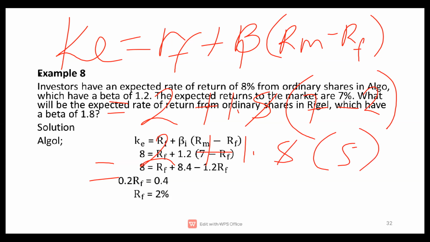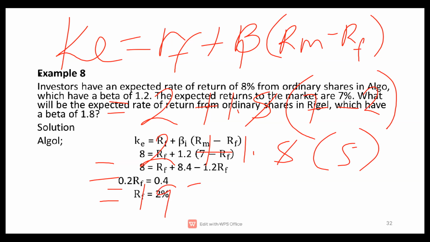What do you get as the cost of equity, which is the same as the expected rate of return from an ordinary share? It's the same thing. That's 19? 19%?